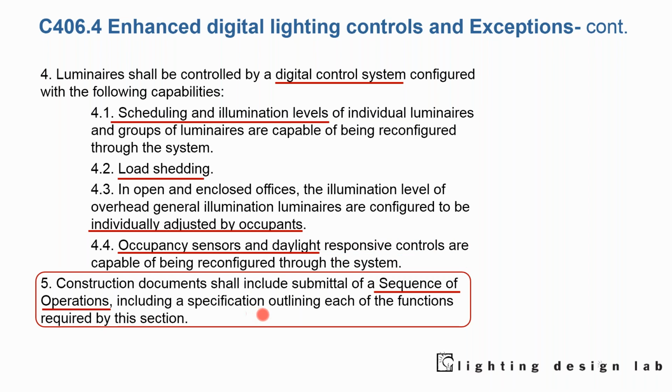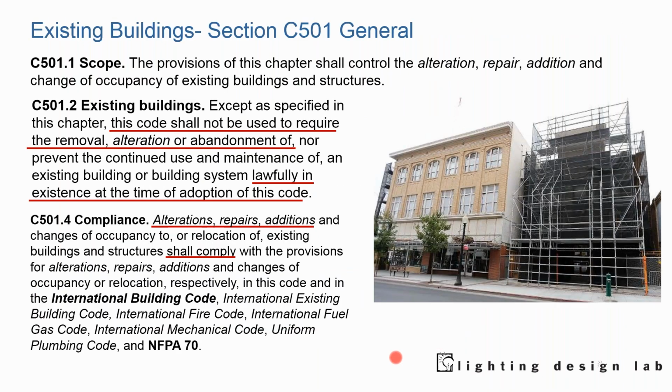Additionally, construction documents shall include submittal of a sequence of operations, including specification outlining each of the functions. So you can't just throw in all these controls and not have a plan. You need to show what your sequence of operations is going to be.